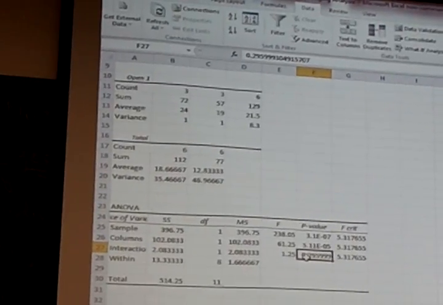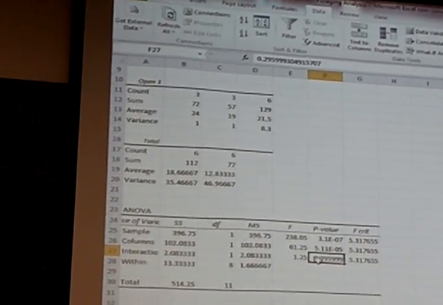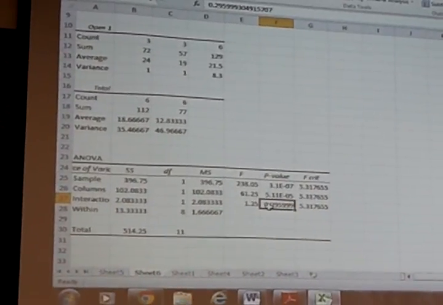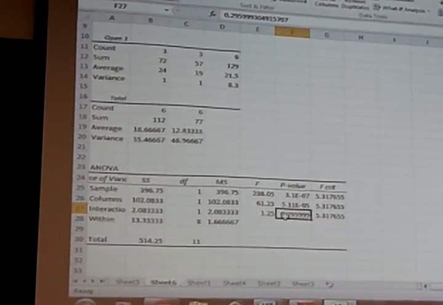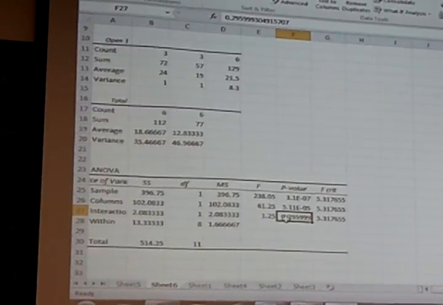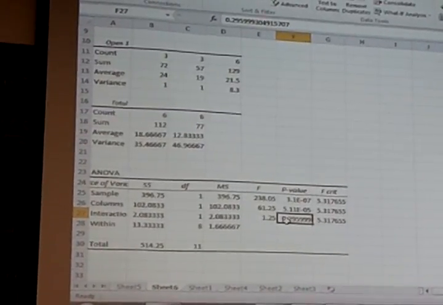So if you don't have a significant interaction, that just means that the independent variables were not interacting with each other in some way. Now, the one thing to keep in mind with ANOVAs is this is just telling you if there is an interaction. It is not telling you where the interaction is occurring, okay? So if this was significant, it's not telling us where in the data it's significant.